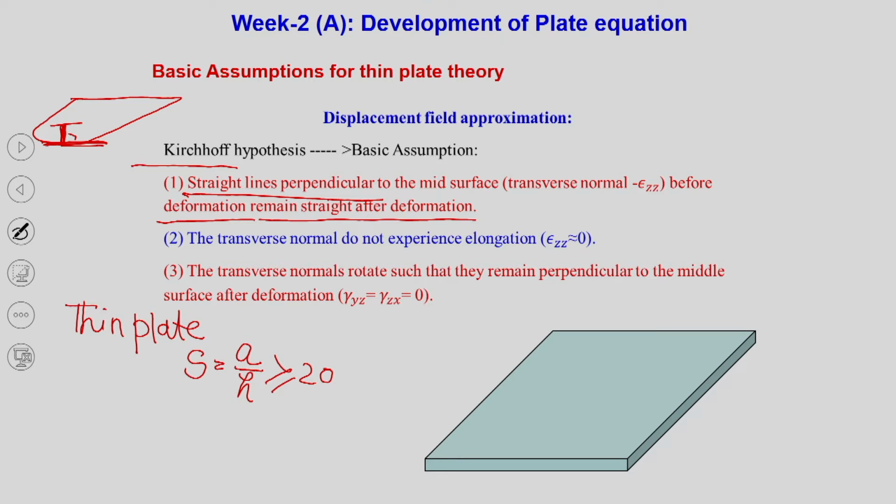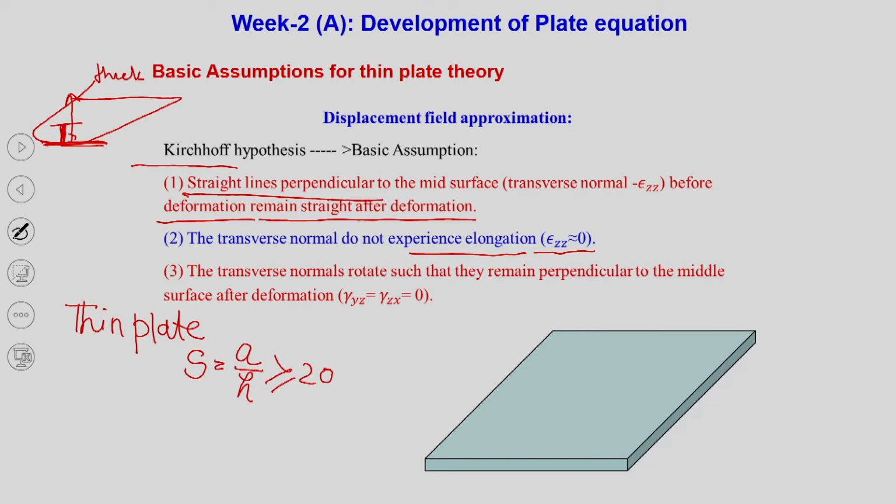And the transverse normals do not experience any elongations, meaning there is no stretching along the thickness direction. It means the strain along the thickness direction is considered negligible.